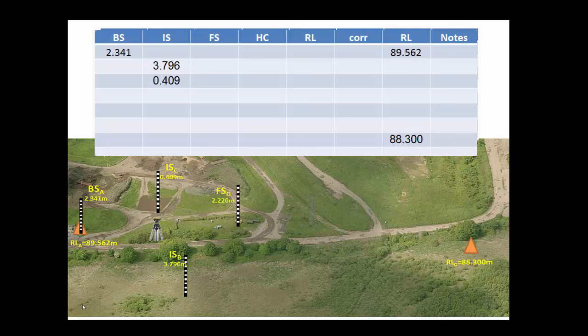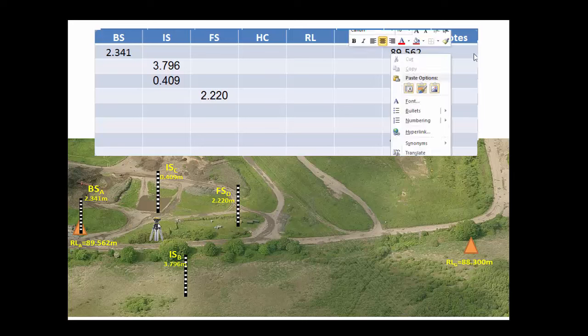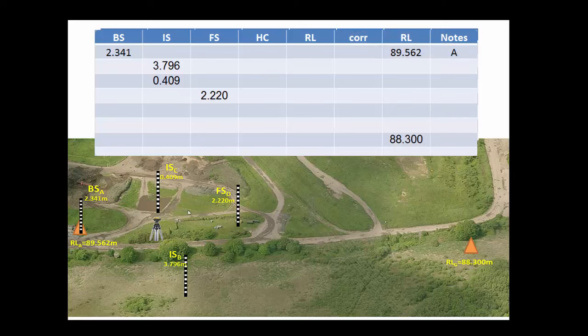And another reading at D, 2.220. These levels can only really work with a distance of 25 metres sight, with a great deal of accuracy. So we now have to use D as a turning point.